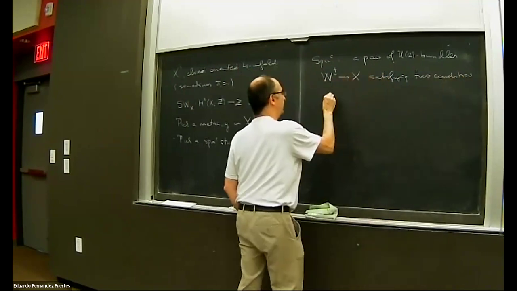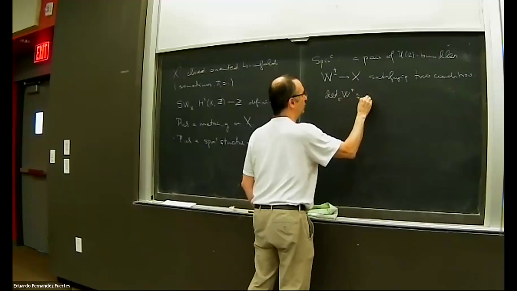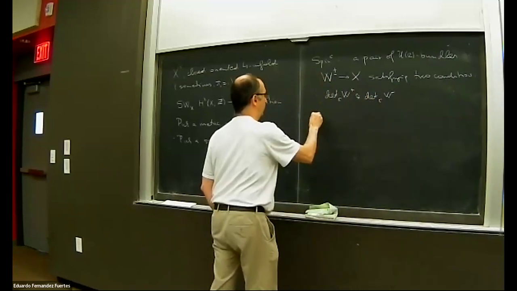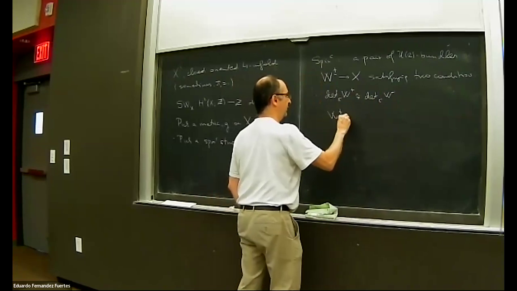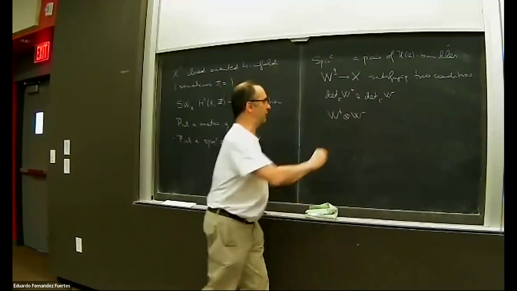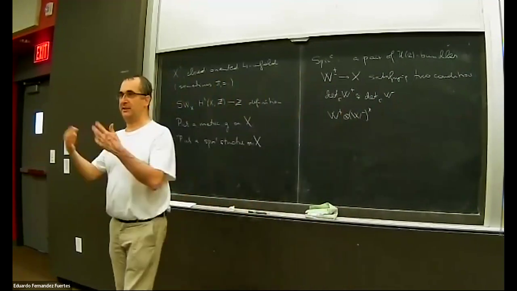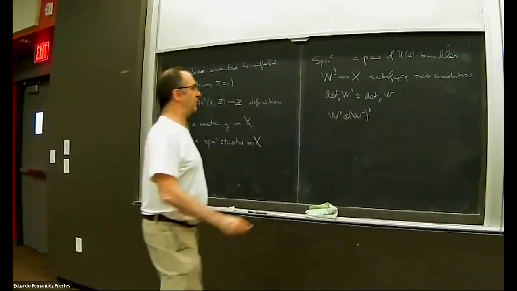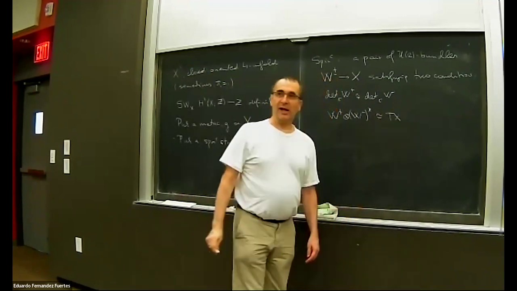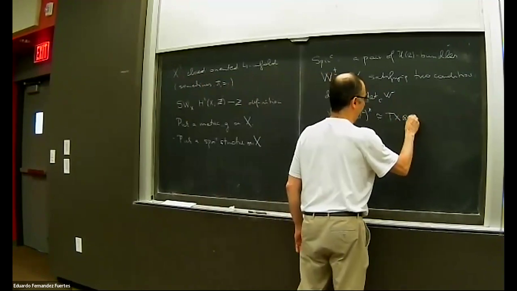The first is that the determinant line bundles, these are now complex line bundles, should be isomorphic. And when you take the tensor product of W+ and the dual of W-, you expect this to be a C^4 bundle that should be isomorphic to the tangent bundle of X. Well, that's an R^4 bundle, so when you complexify it.